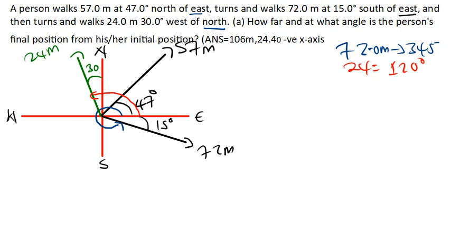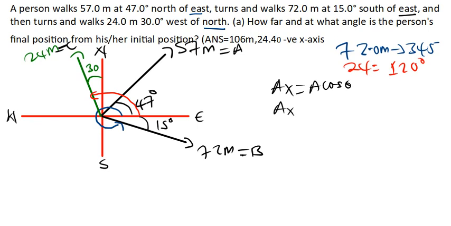Now the best thing to do here is resolve each vector into x and y components. Allow me to denote this one to be vector A, this one vector B, and that one vector C. Therefore, to find the x component, Ax will be equal to A cos theta.